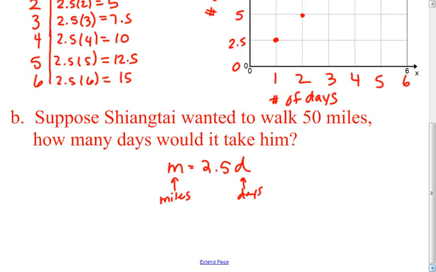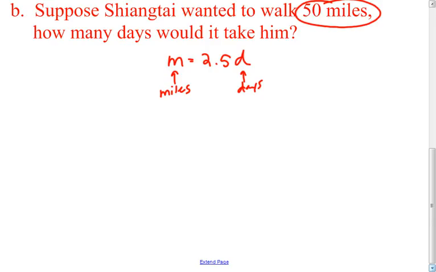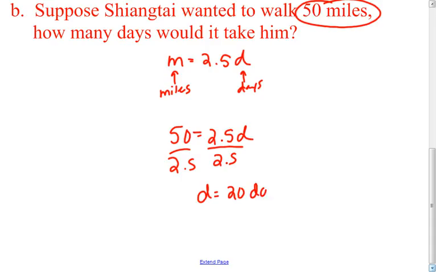So if I'm wanting to do 50 miles, I need to put that 50 in the M's spot because it's miles. So I'll have 50 equals 2.5D, divide by 2.5, and D would be 20 days. All right, and that will do it.